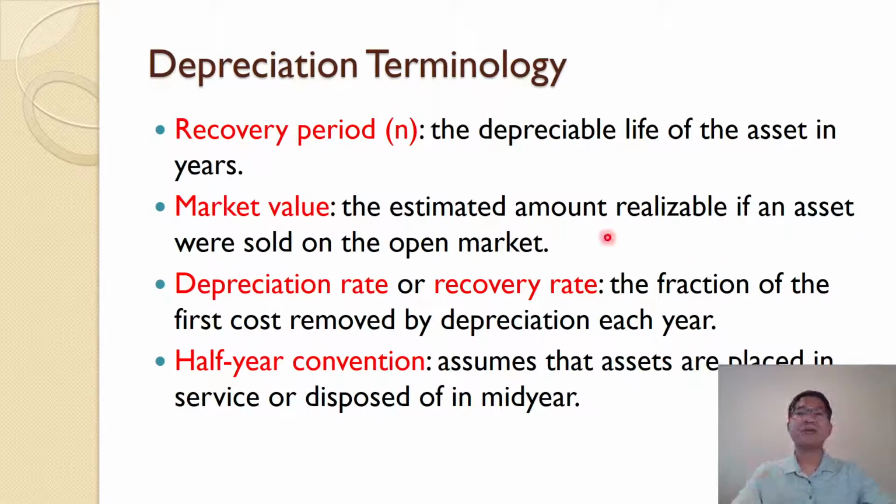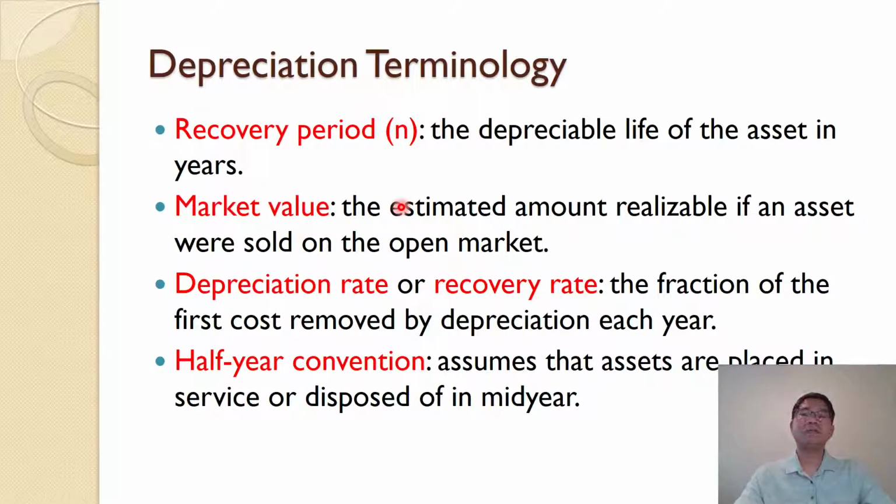We call it market value. So it is in the open market, so it does not need to be the book value. And the depreciation rate or recovery rate: the fraction of the first cost removed by depreciation each year. That depends on the method of depreciation, which we will discuss in the next lesson video.